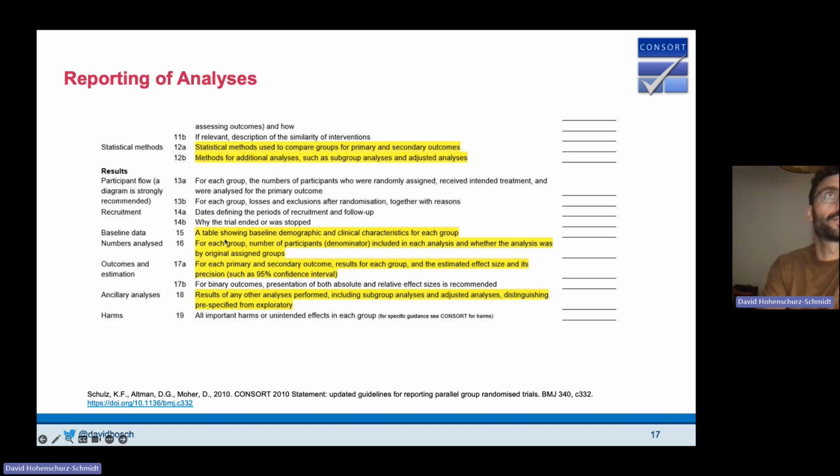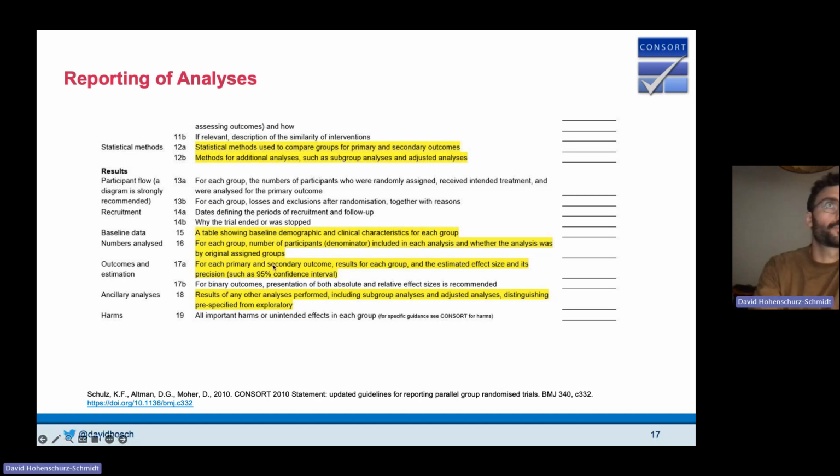For your baseline data, include this table, show characteristics for each group. For each group, you want to know the number of people included in each analysis and whether the analysis was by original assigned groups. So whether we're looking at an ITT analysis or whether something influenced whether people were included in the analysis or not.